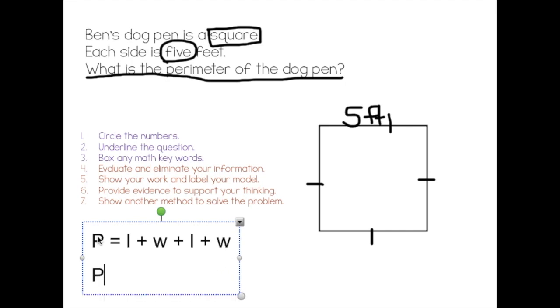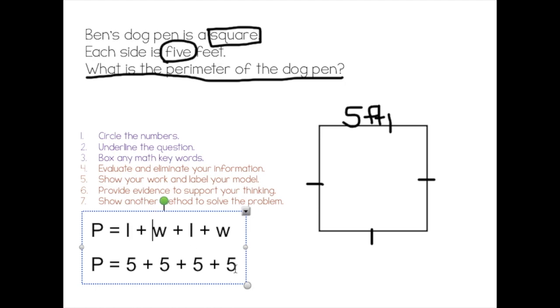But in this case, I am going to go perimeter equals 5 plus 5 plus 5 plus 5. Count in my 5s: 5, 10, 15, 20. The perimeter of this is 20. And I can't forget my units, which in this case is feet. 20 feet.